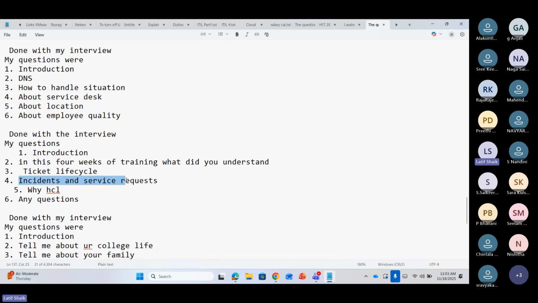What is an incident and a service request? Any issue that occurs is an incident. Any formal request, like service changes or access permissions, or information regarding certain things, like software installations, or storage access, or printer access, or virtual machine creation, these are service requests only. Incident means the system is down, the network is down, a disk has failed, the server is unable to be accessed, the server is down.